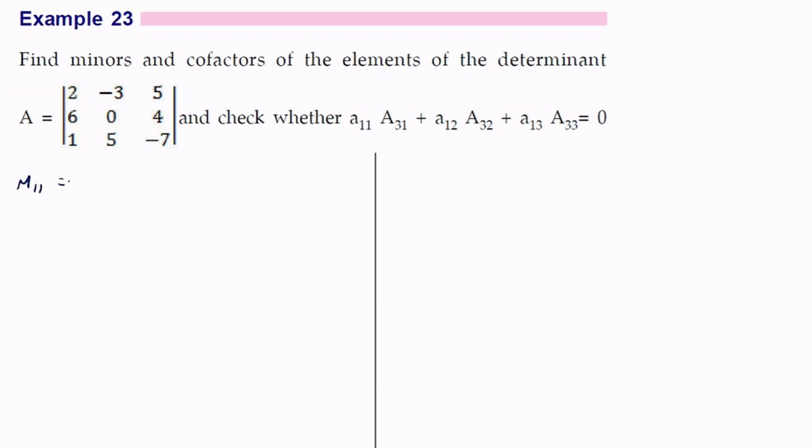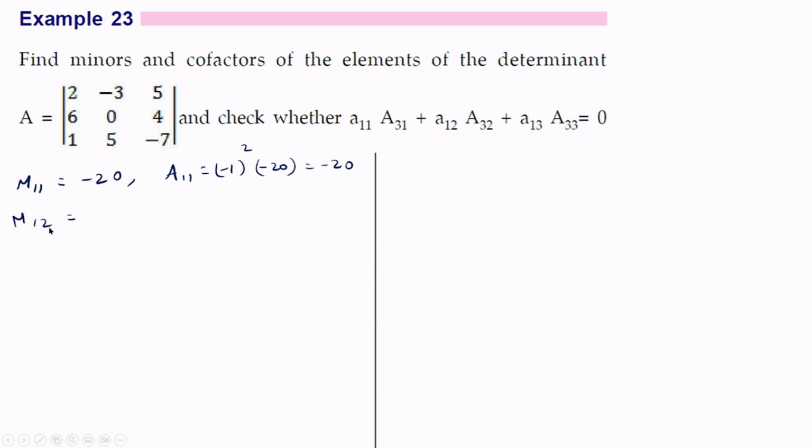So M11 is the value of the determinant obtained by deleting the first row and the first column. So it is 0 minus 20, which is minus 20. And then the cofactor is minus 1 the whole raised to 1 plus 1, which is 2, into M11, minus 20. So it is minus 20. And next we have M12.